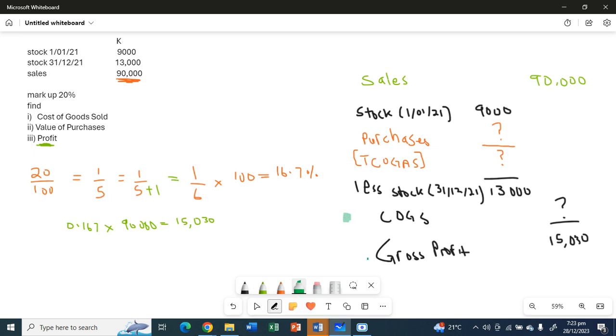First, we got our profit. Once you get the profit, then you go to get your cost of goods sold. So remember this equation: profit equals sales minus cost of sales. We already have our profit, 15,030.